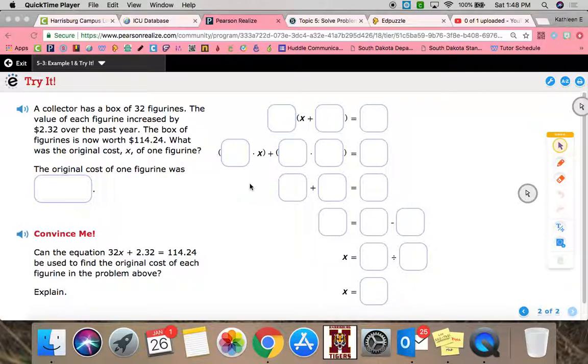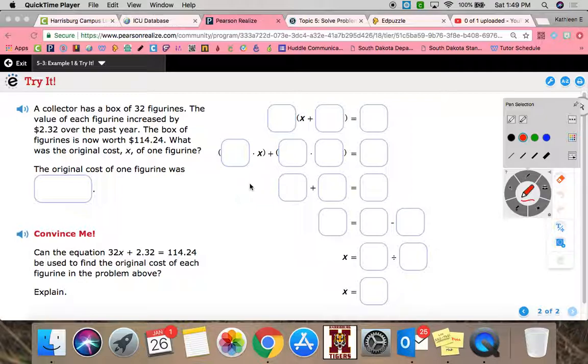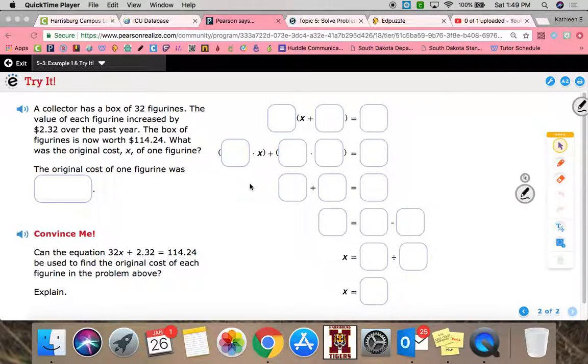The original cost of one figurine was, okay, there's a whole lot of blanks over here that we need to fill in. And how do we know where that stuff goes? We're just going to have to think through the problem. The box of figurines is now worth $114.24. Something tells me that is a total, so I'm going to write it in there.